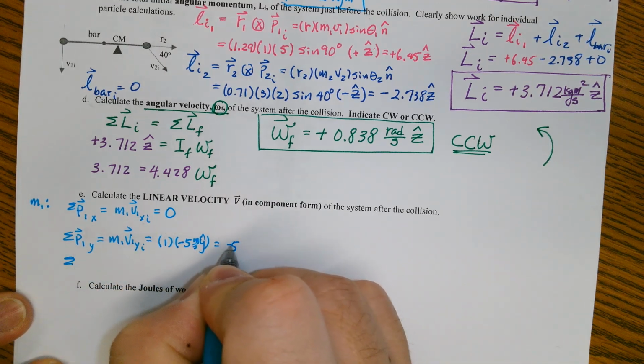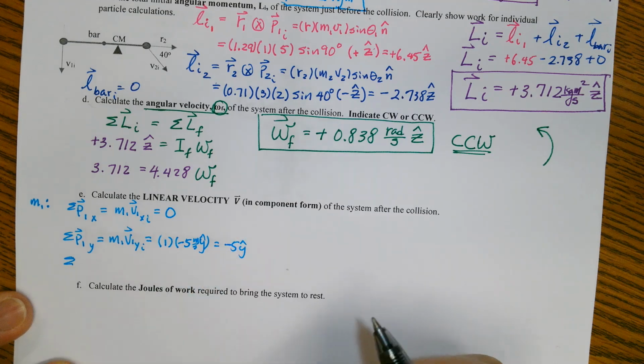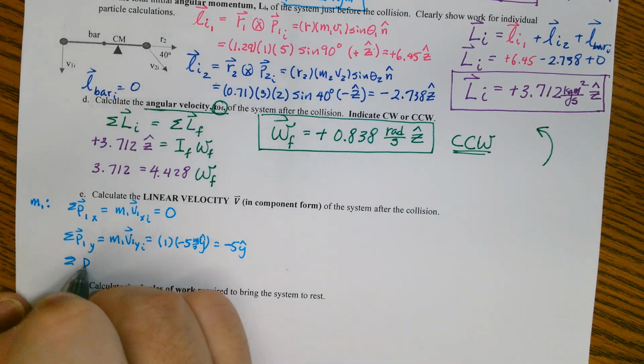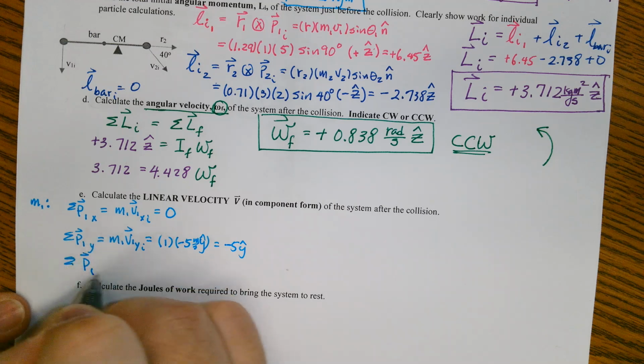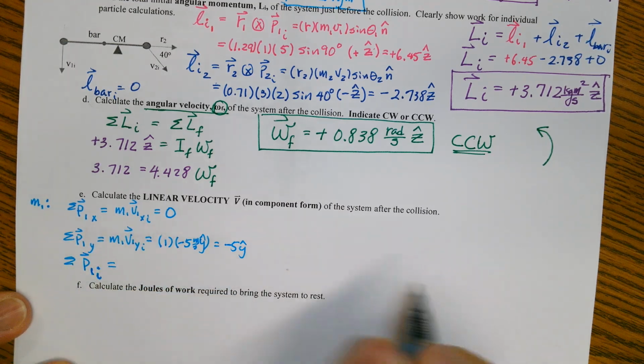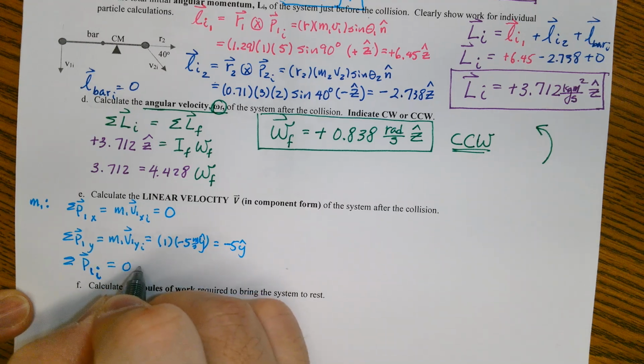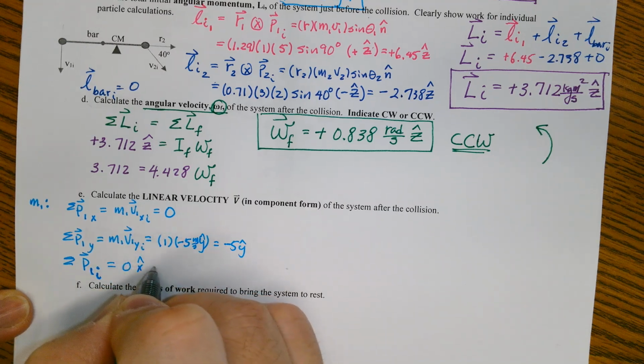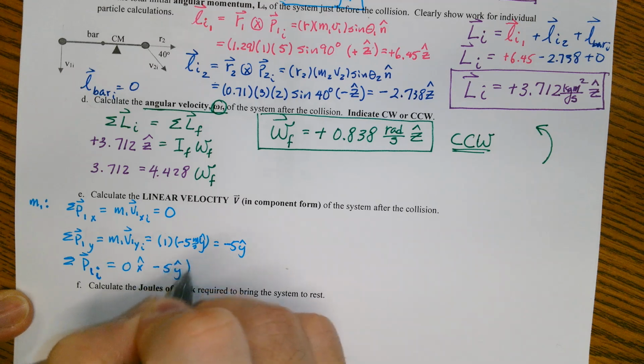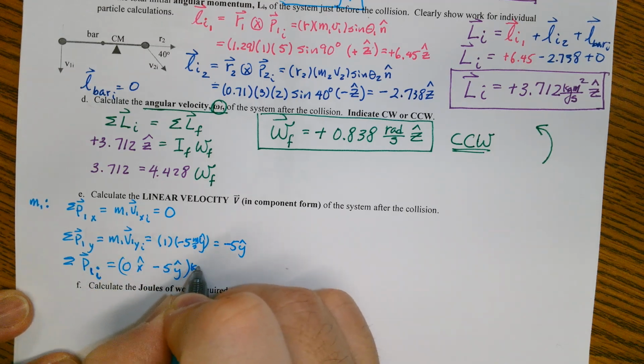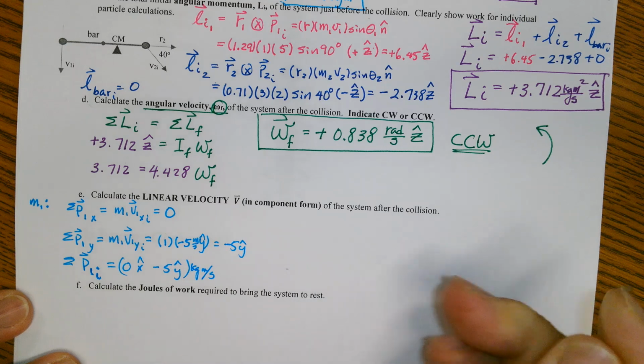So the initial total momentum for mass 1 is 0 x hat minus 5 y hat, kilogram meters per second.